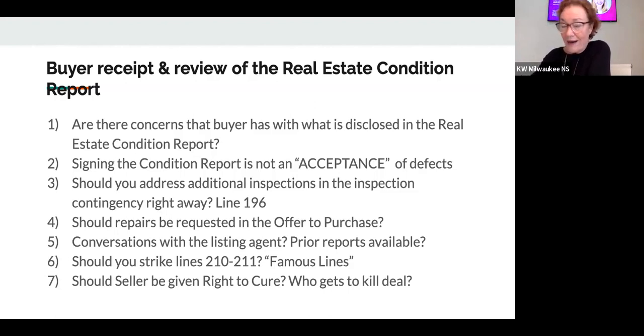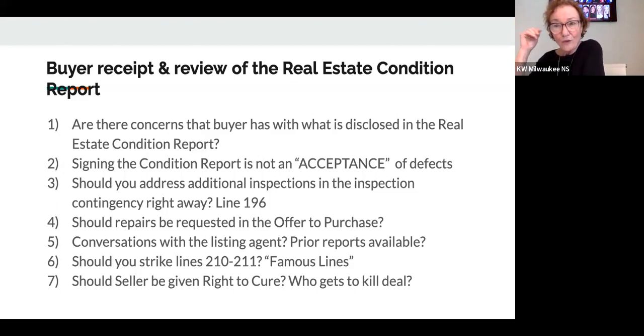So things that were obvious to be seen during a showing, the first showings, things that were mentioned in the real estate condition report, items that were noted in a pre-listing inspection, those are all conditions that your buyer was aware of at the time of writing the offer.